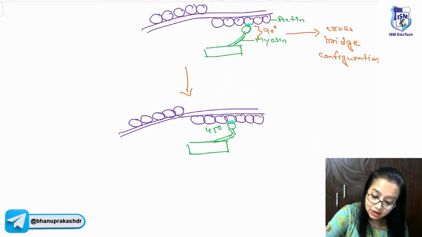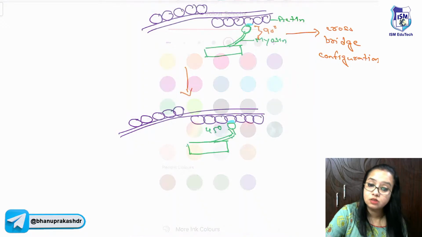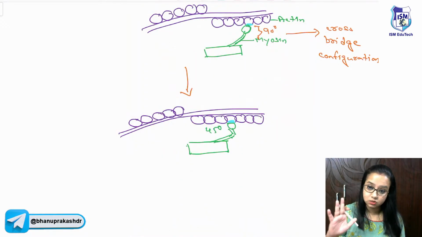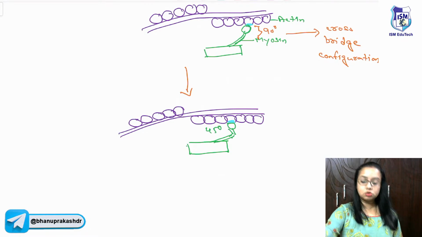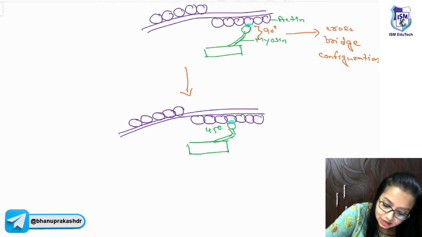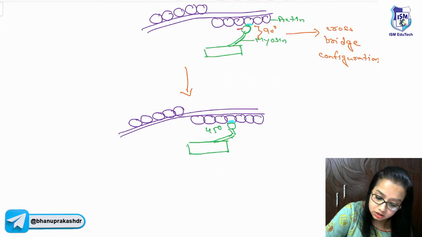Now the energy configuration, there is an energy thing in it. The ADP and the IP that is attached play a very, very important role. When the myosin head just touched the actin at the angle of 90 degrees, the myosin molecule had ADP and IP attached to it.